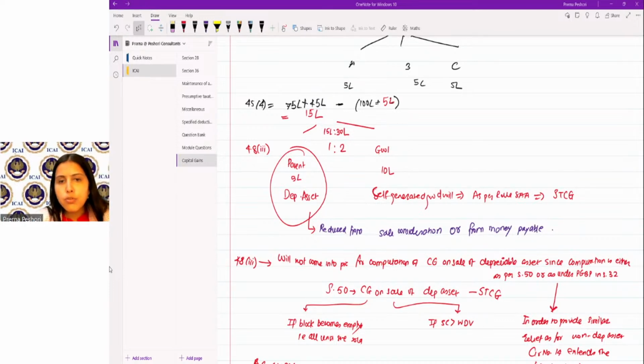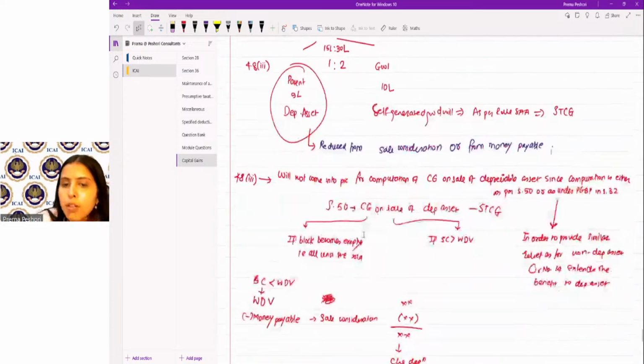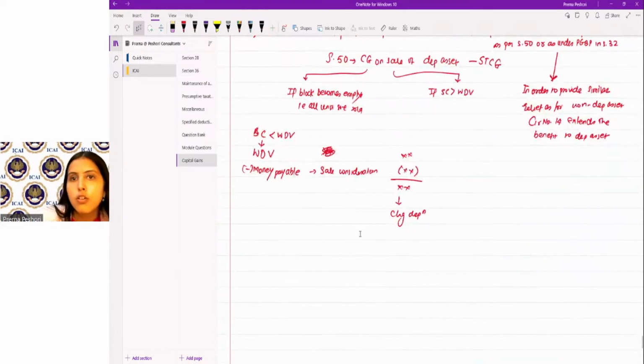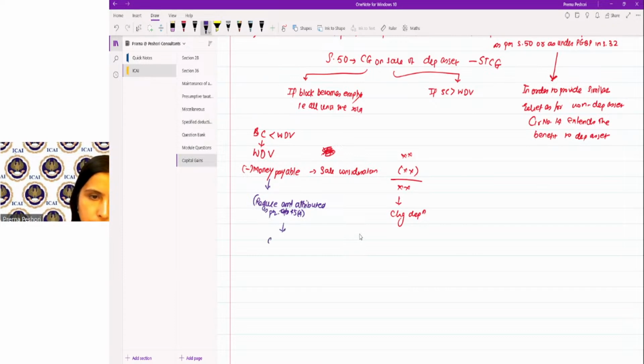So it will be reduced from the money payable or the sale consideration in both cases. So here, from this money payable, you will reduce the amount attributed as per 45(4). This is as per CBDT circular.